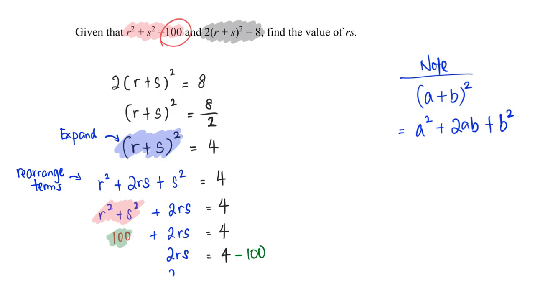We are getting closer to our final answer. This will be equal to negative 4 minus 100, which is negative 96. And therefore, if 2rs is equal to negative 96, then I would then get my final answer.